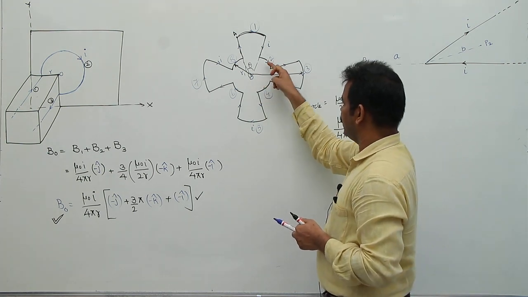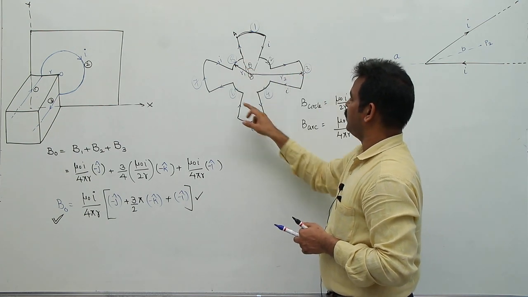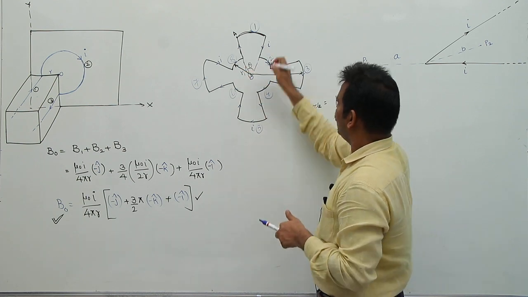In that one, 2, 4, 6, 8 have the same radii, and 1, 3, 5, 7 have different radii here. But what about these straight wires?